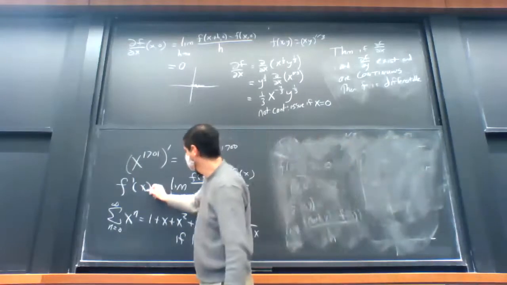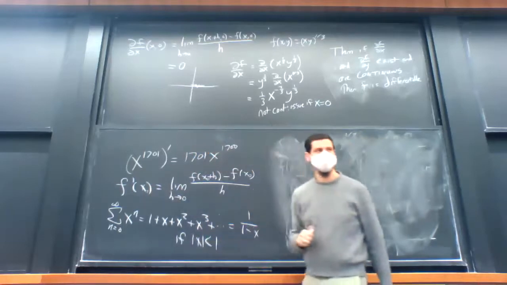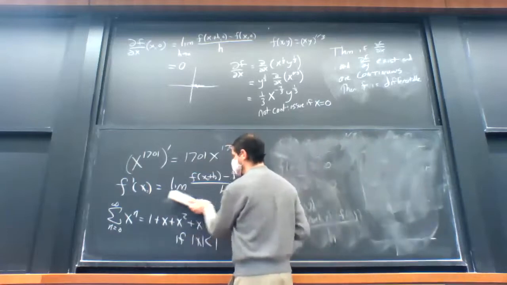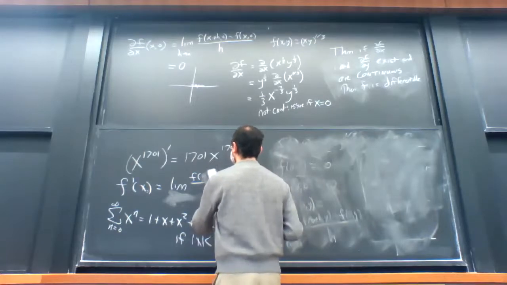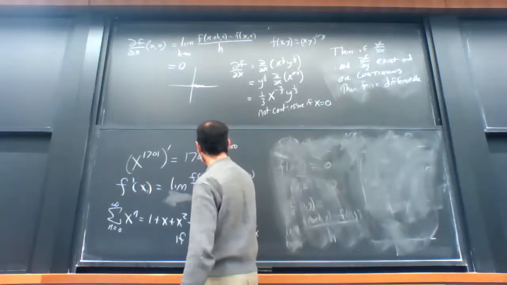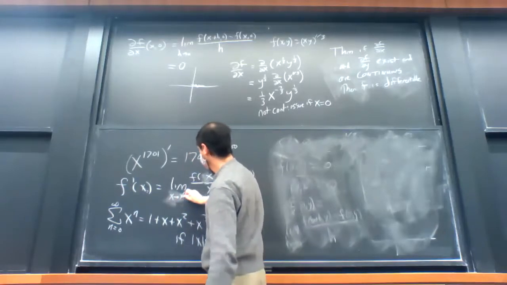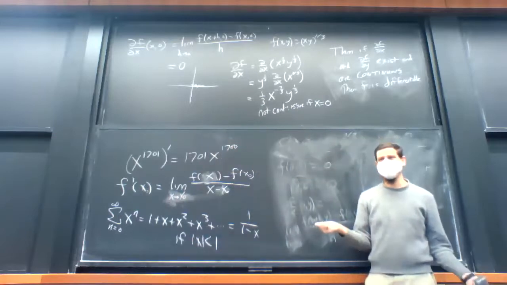Is it a big deal to put an x naught here? And then sometimes instead of saying h goes to 0, we instead have x goes to x naught. Well, that's not a big deal. That's basically just saying let x equal x naught plus h.